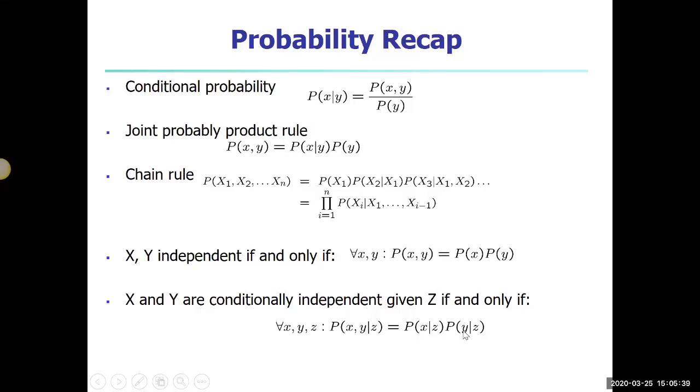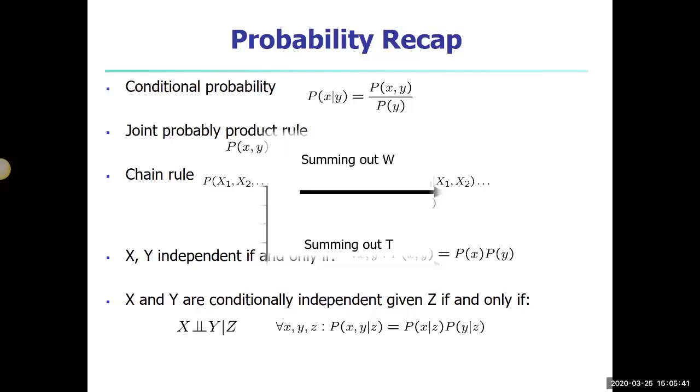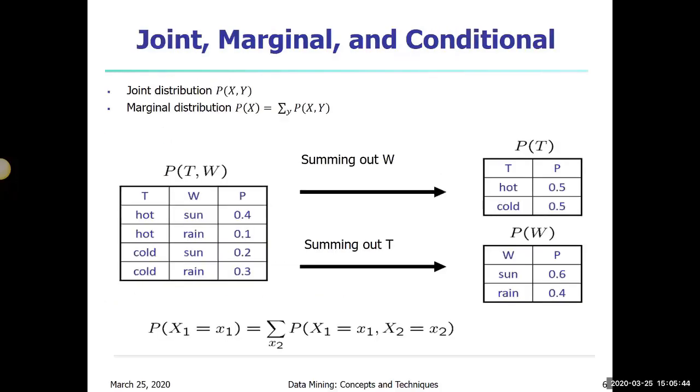Okay, so those are the things we're going to actually use to compute joint probability, because when we do the Bayesian belief network, we need to know this in order to understand how that network can do all those inferences. So I thought we need to have a little review here.